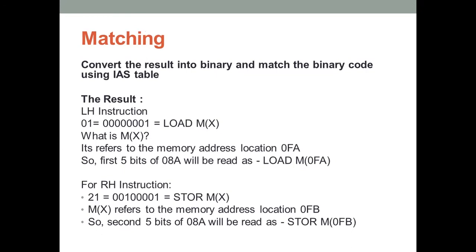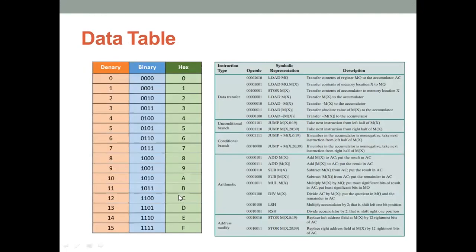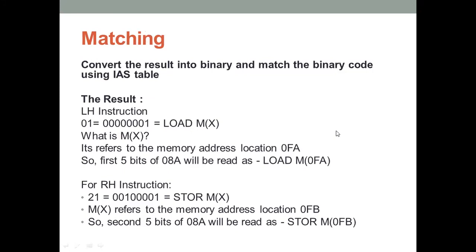It means STOR M(X) from the IAS table, this one. So the second instruction of 08A will be read as STOR M(0FB). So like this, we only convert the number into binary and match the binary number with the IAS table, so we know what the code means.